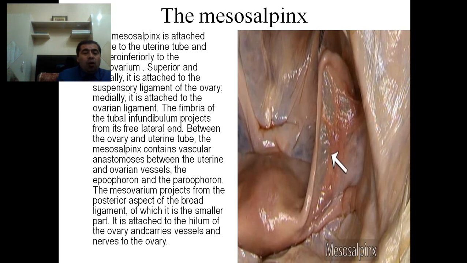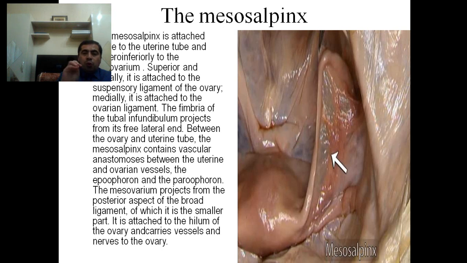The fimbria of the tubal infundibulum projects from its free lateral end. Between the ovary and the uterine tube, the mesosalpinx contains the vascular anastomosis between the uterine and the ovarian vessels.